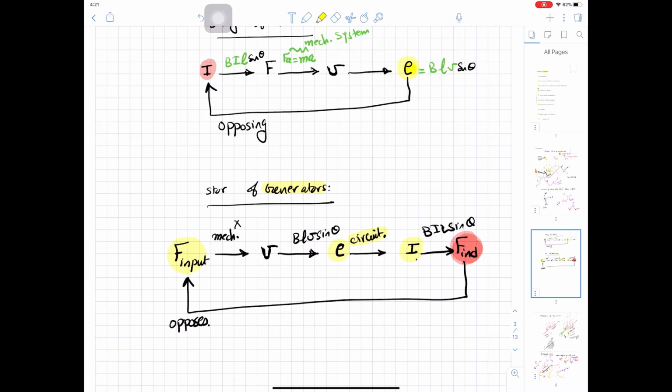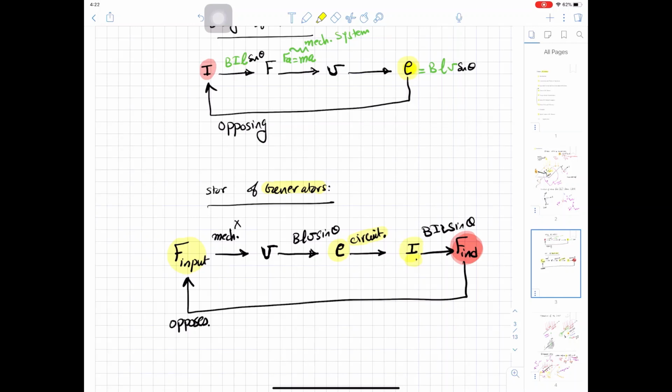Now, when you load the generator, it means you turn on more lights. When you turn on more lights, you take more current. And if you take more current, you are producing more F induced. So you will feel that the shaft of the generator is getting heavier. It's harder to move the shaft as you take more electrical load.